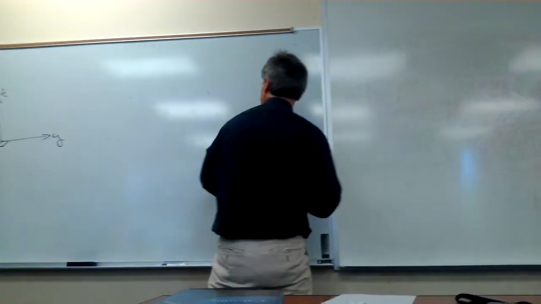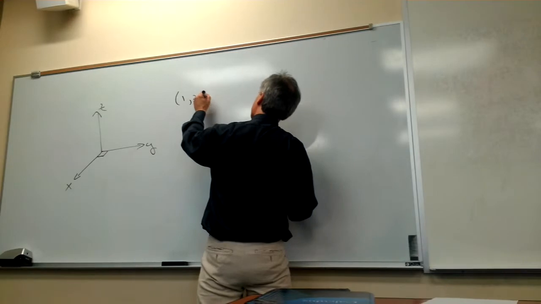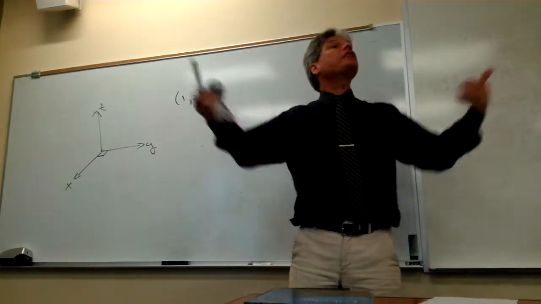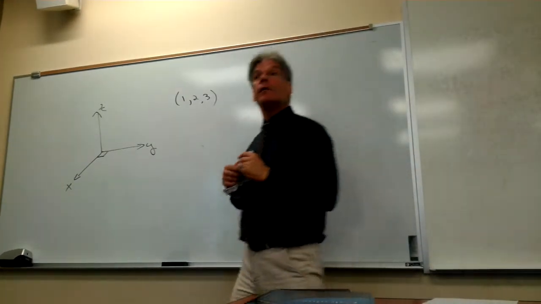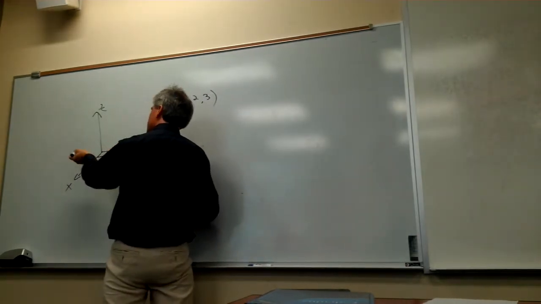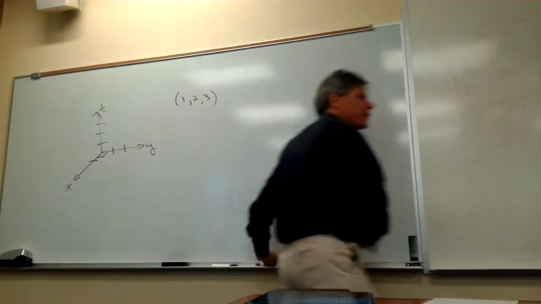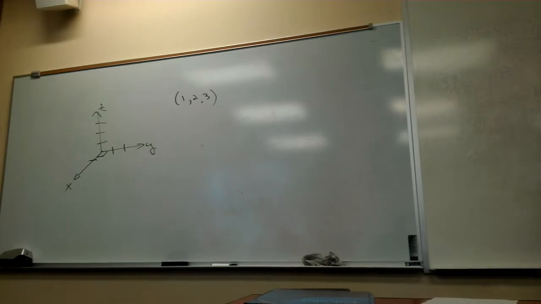So if I asked you guys to consider locating the point (1, 2, 3), how would you locate it? Come on, humor me. How would you locate it? 1 on the x-axis, 2 on the y-axis, 3 on the z-axis. So you walk 1 unit along the x-axis, then 2 along the y-axis, then 3 along the z-axis. So everybody, watch me with my colored pens.